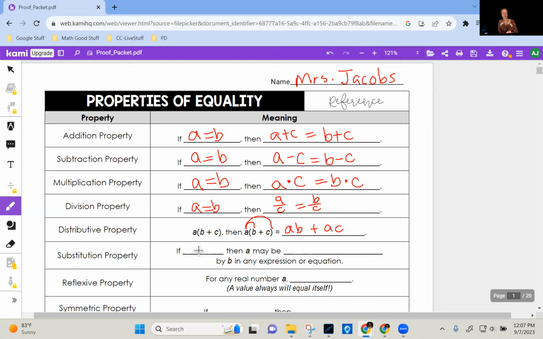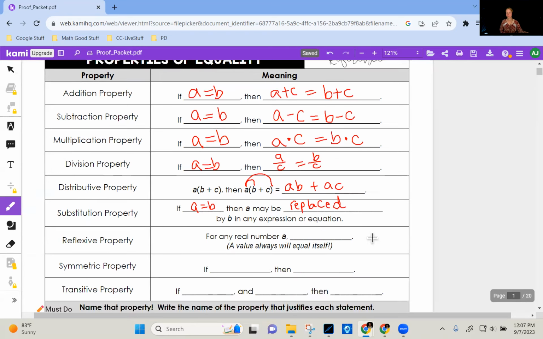The next one here is the substitution property. If A equals B, then A may be replaced by B in any situation or equation. So A can be replaced by B.